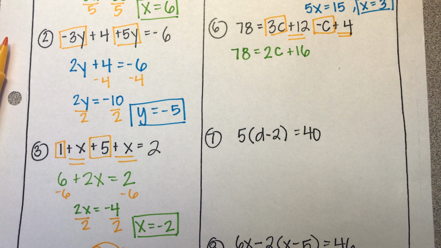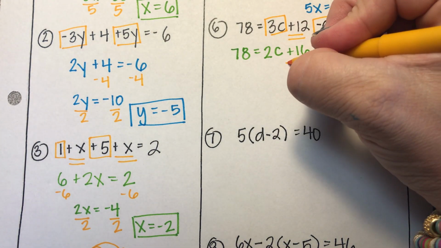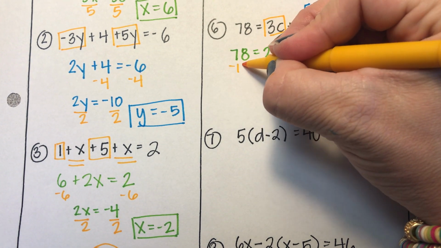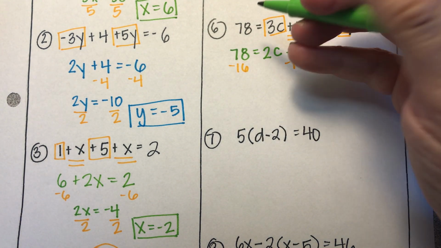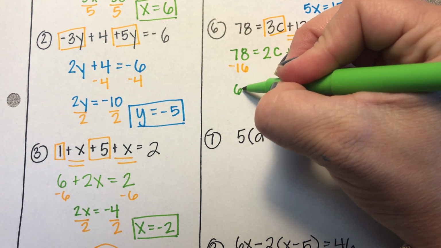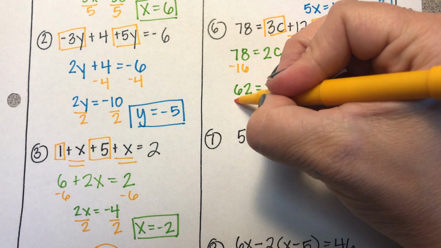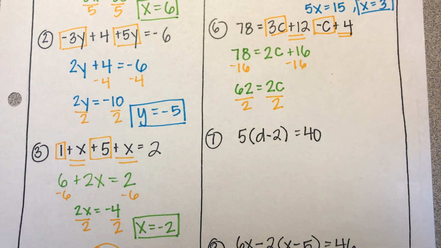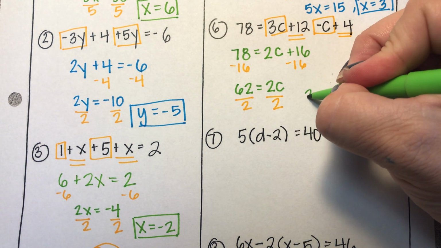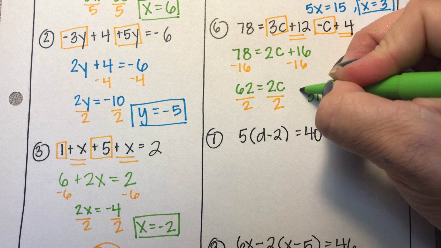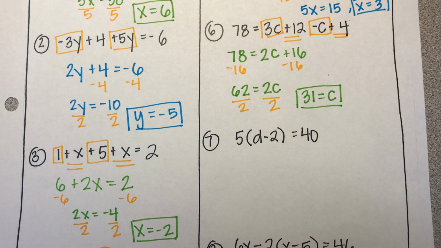So now it's a two-step equation. I'm going to subtract 16 from both sides. So that gives me 62 equals 2c. Divide both sides by 2, and I get 31 equals c.